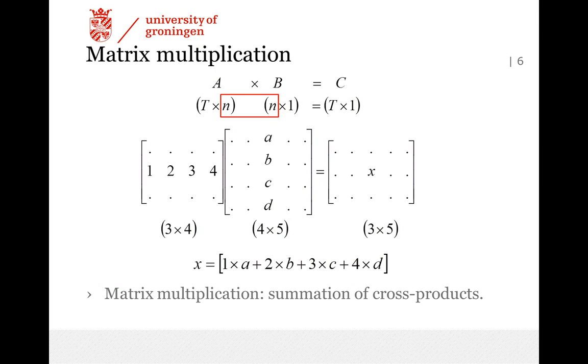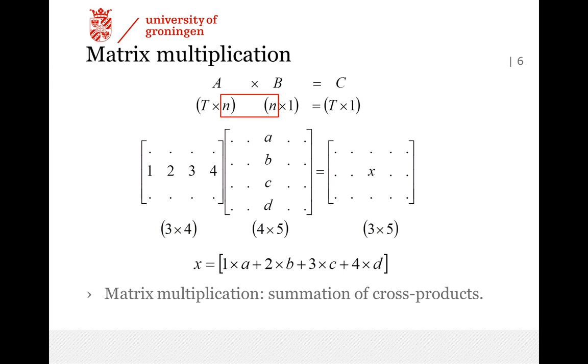A typical way to write down the dimension is the number of rows for A, that's 3, and the number of columns for A, that's 4. And for B, the number of rows is 4 and the number of columns is 5. And so we write that basically like t times n and n times 1.